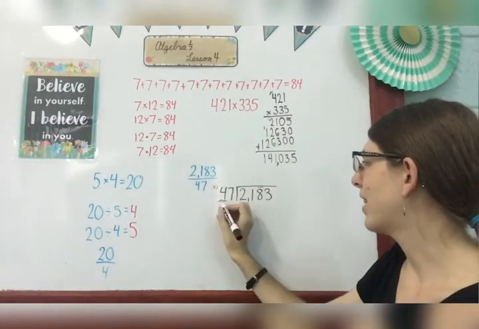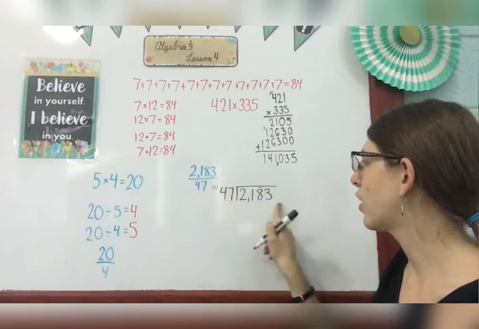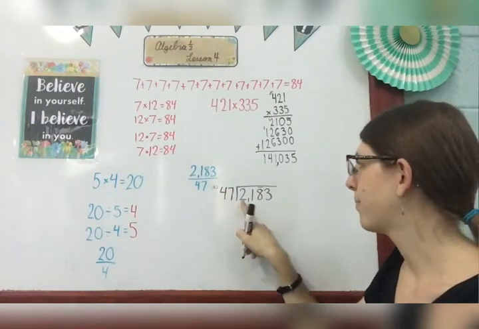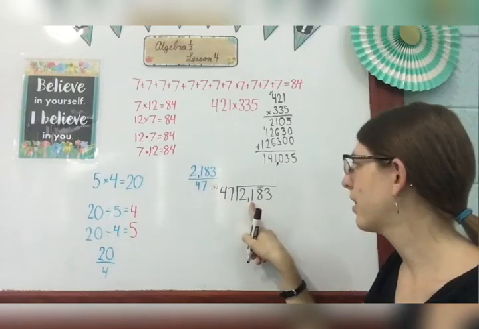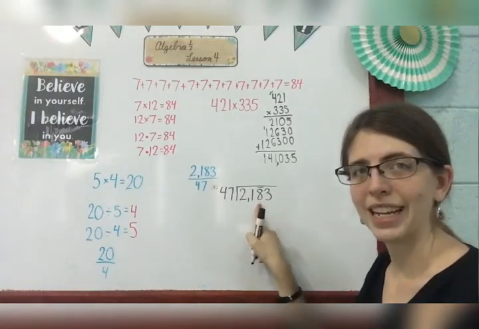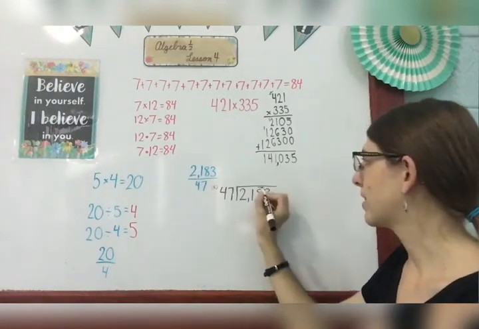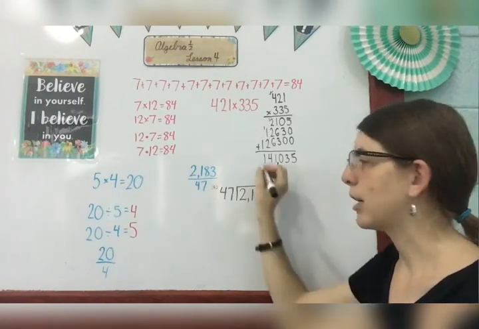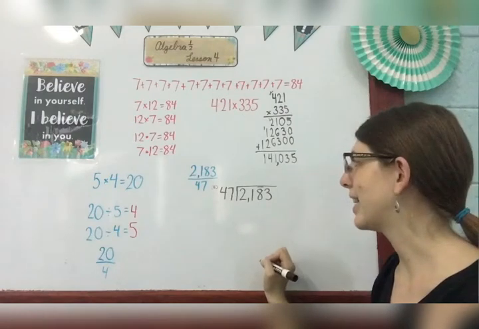Now I'm estimating how many times 47 can go into this number. 47 can't go into 2, it's too big. It can't go into 21, it's too big. But it can go into 218, so that's where I'm starting. So because I'm starting there, my very first number has to go above the 8. Make sure you keep your division nice and neat.